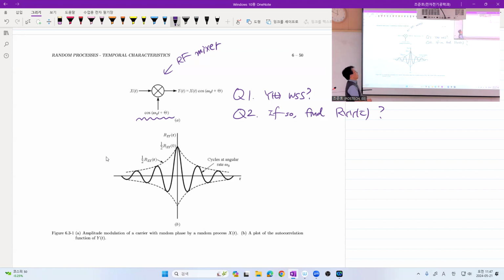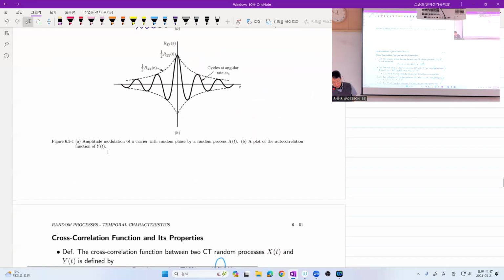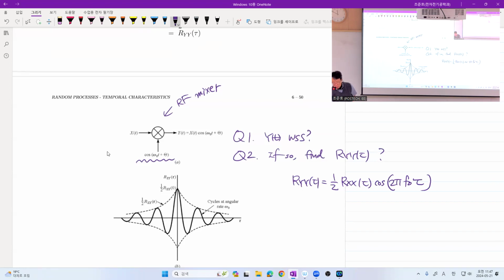And the autocorrelation function is also very interesting in the sense that it is a modulated version of the autocorrelation of x. So here, if I remember correctly, something like this.